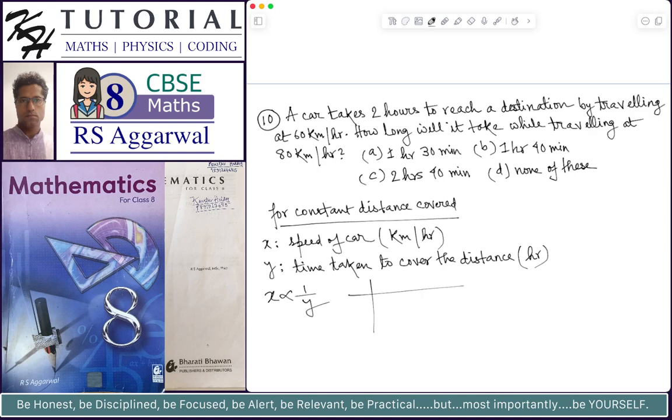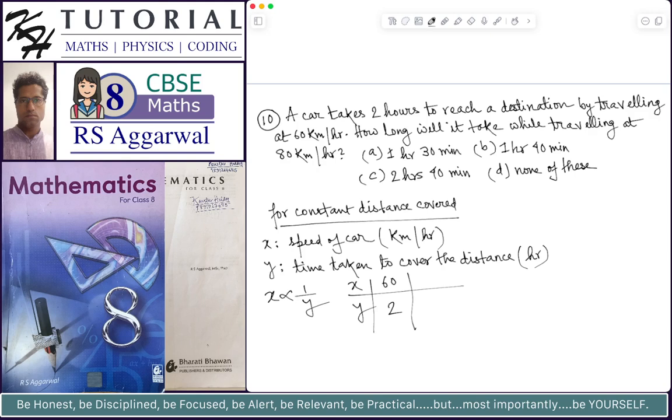Now let's create the table of x and y. It is given that the car is traveling at 60 km per hour and it takes 2 hours. So 60 and 2. Now it is asking how long it will take while traveling at 80 km per hour.